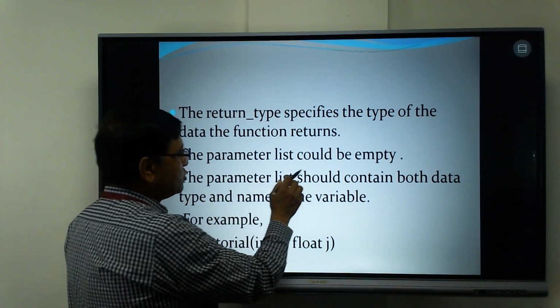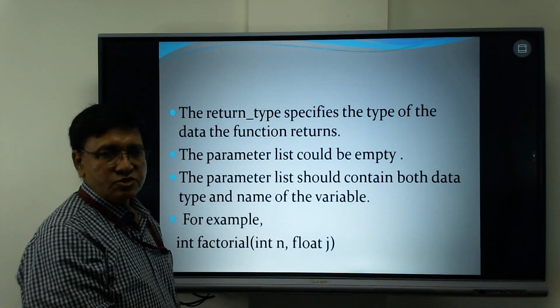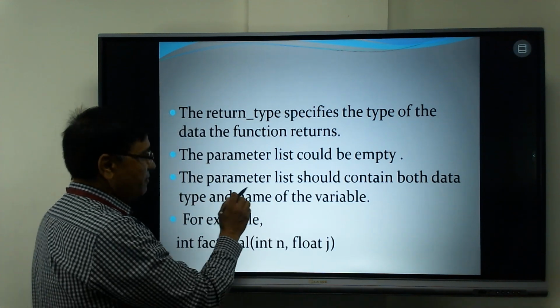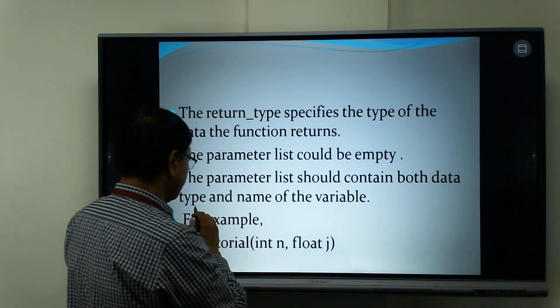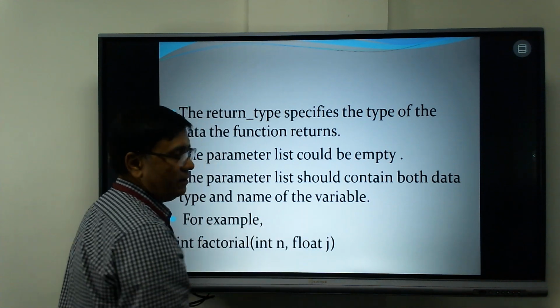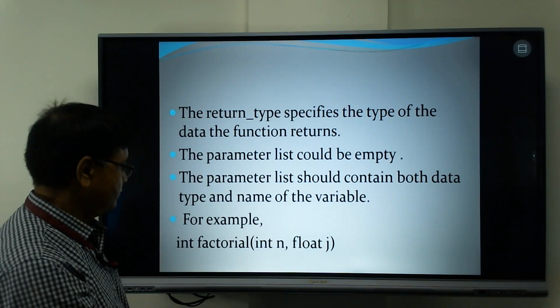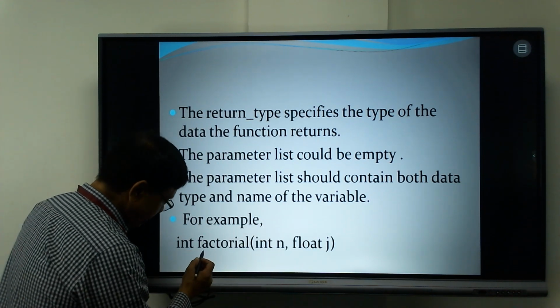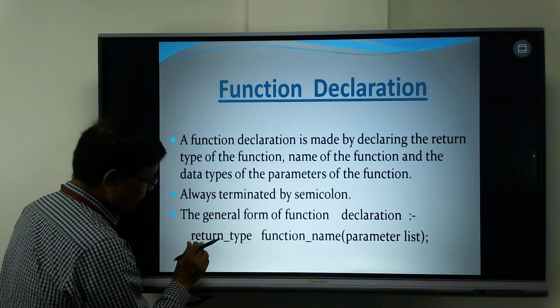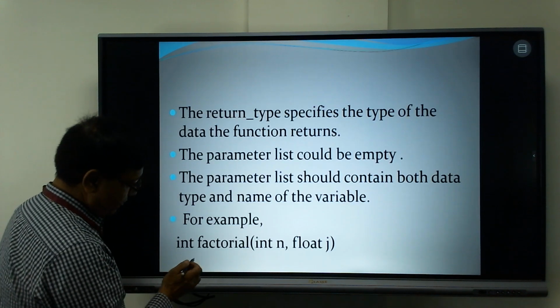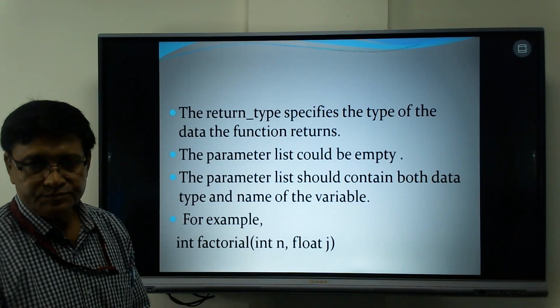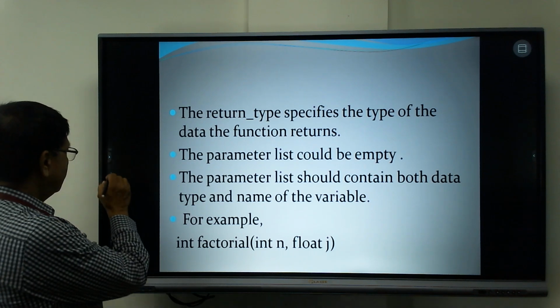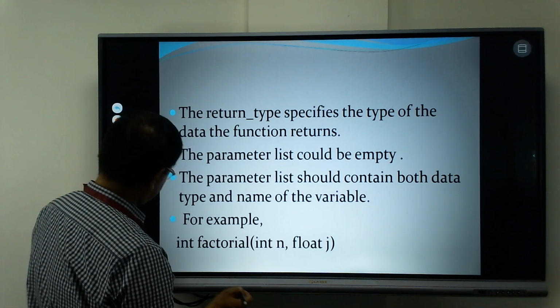The parameter list could be empty. The parameter list should contain both the data type and the name of the variables. For example, in this case, factorial is the name of the function.